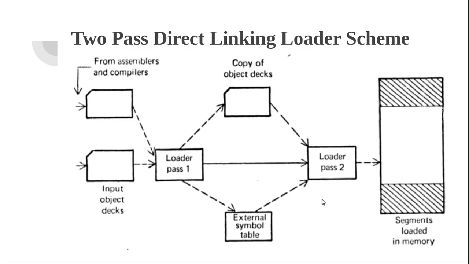Then it will perform the relocation. If our segments or programs contain any address constants, we have to modify the value of those address constants for relocation or linking. This is the overview of the two-pass direct linking loader scheme.